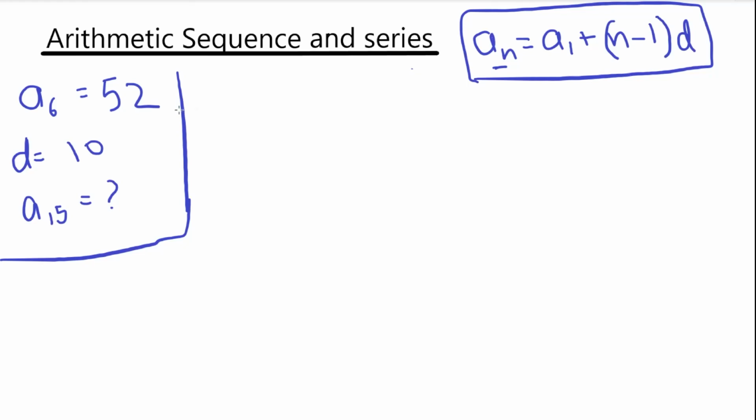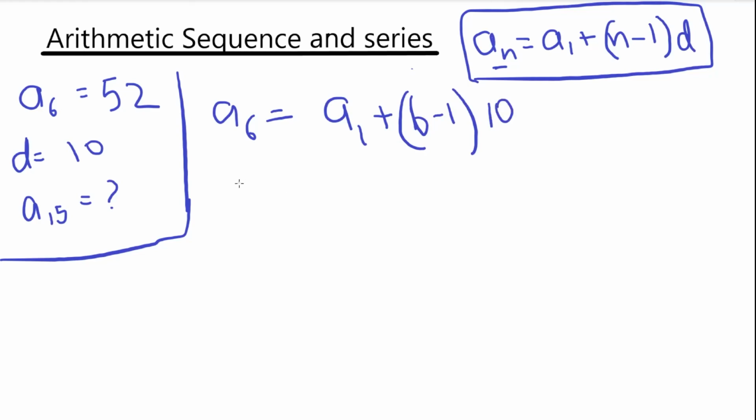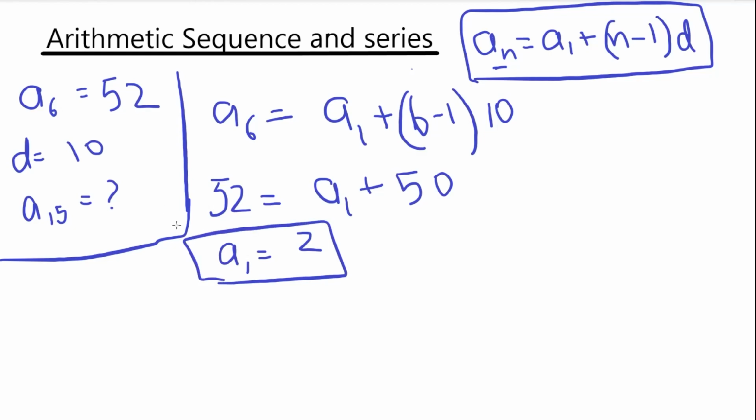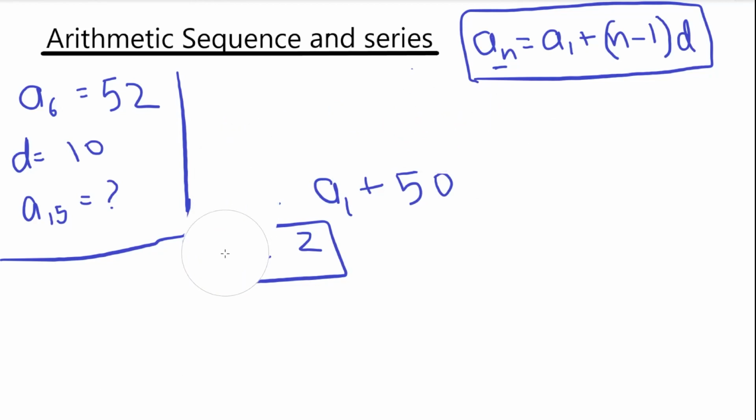Now we have the sixth term, so let's write out a6 is equal to a1 plus 6 minus 1 multiplied by the common difference of 10. So 52 is equal to a1 plus 50. So a1 is actually 2. Now that we have a1 and we have the common difference d, we can find the 15th term pretty easily.